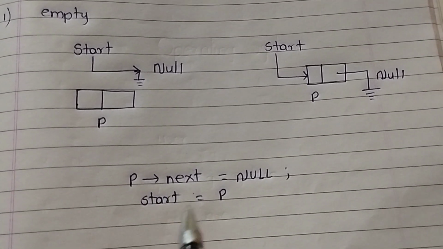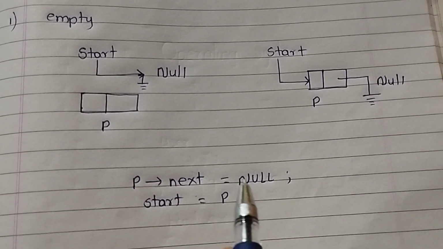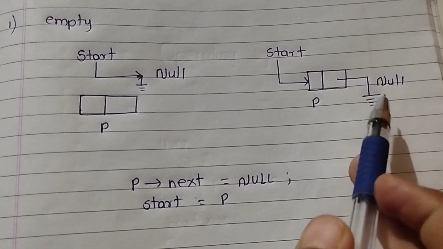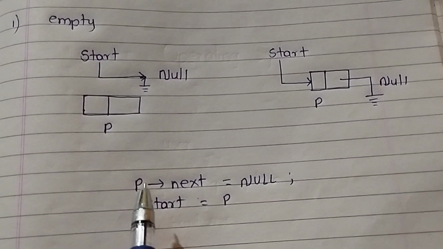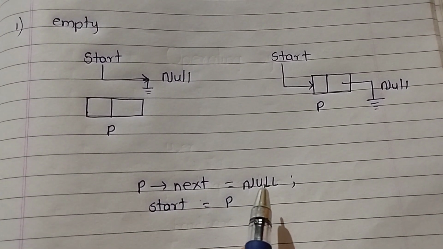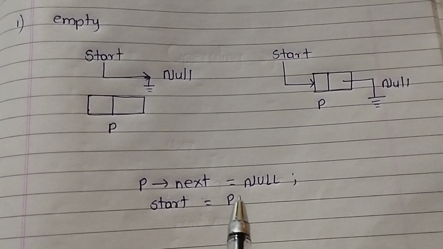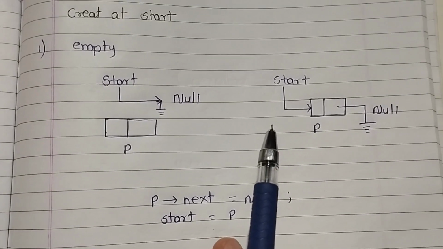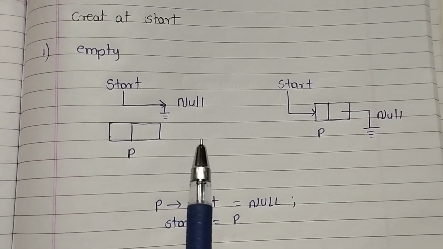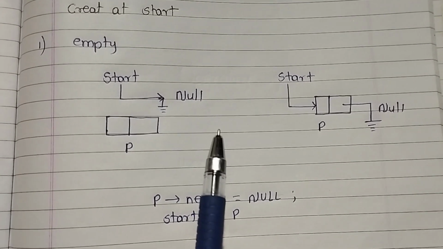So now the start node is p and it connects to the null. For that purpose we write here p's next is equal to null and start is equal to p. So in this way we create the node when our linked list is empty.